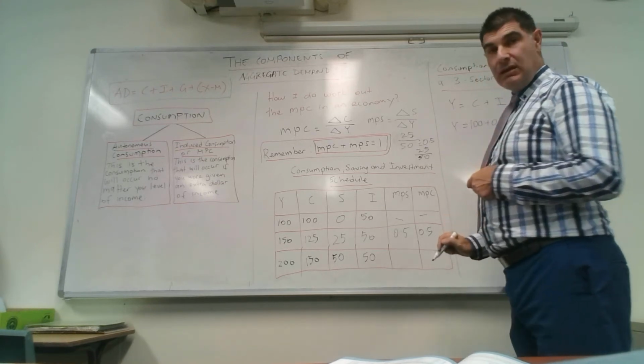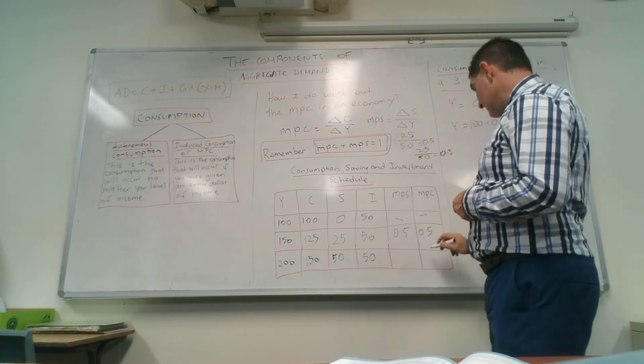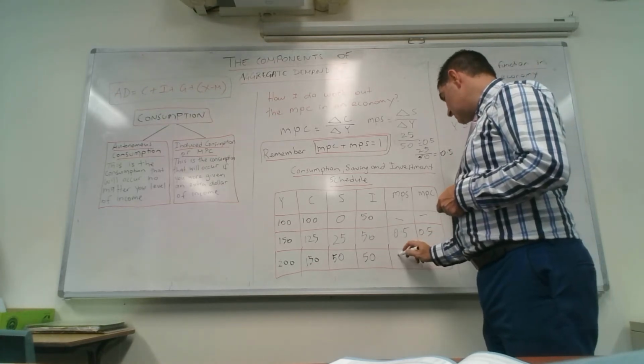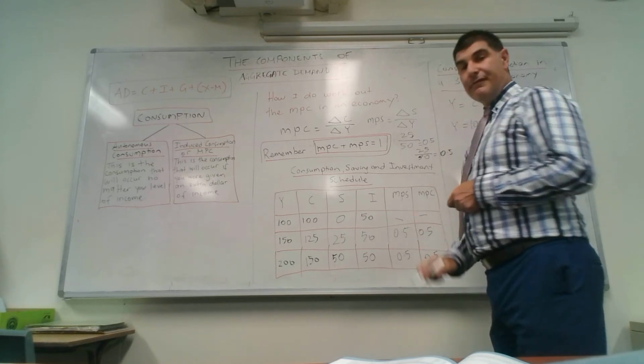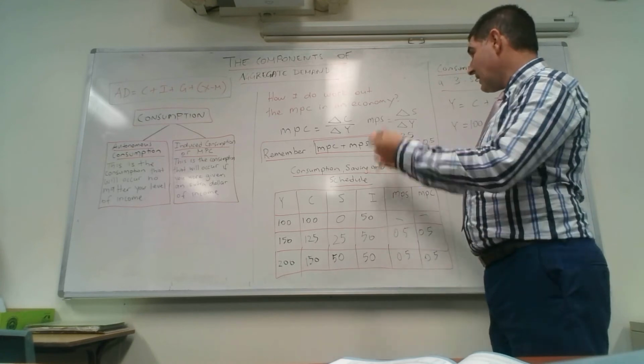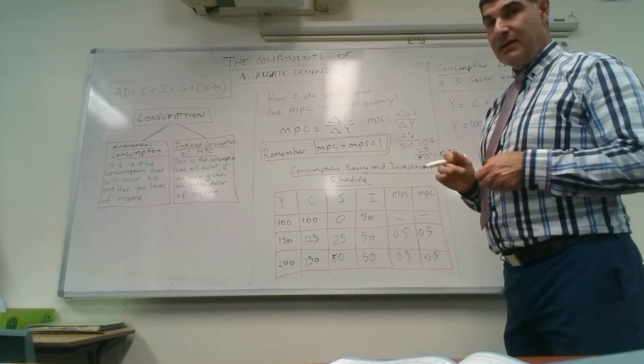So that tells me that, once again, the MPC is 0.5 and the MPS is 0.5. All right, now we've worked out how to work out MPC and MPS.